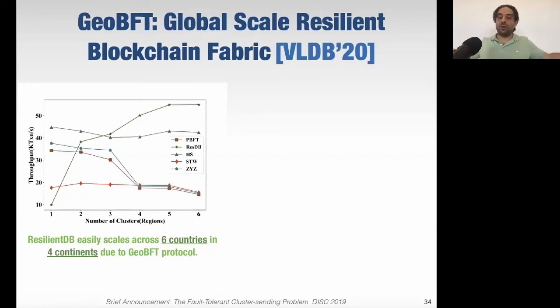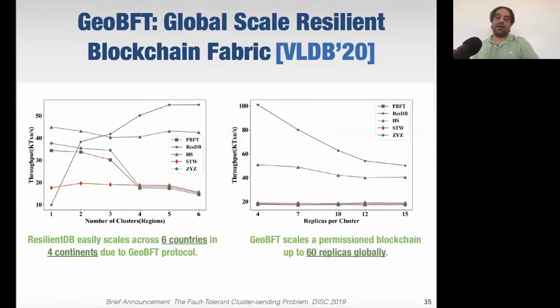At that global scale, we can still do 60,000 transactions per second. And we can also scale all the way to 60 replicas, 60 identical copies of the data, and still maintain nearly up to 60,000 transactions per second.